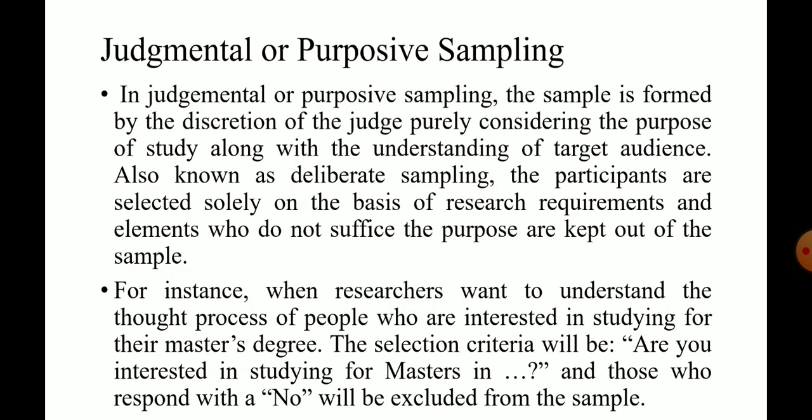The next one is judgmental sampling. In this method, the samples are selected by the researcher or by some experts on his or her own judgment or the opinions of the experts.